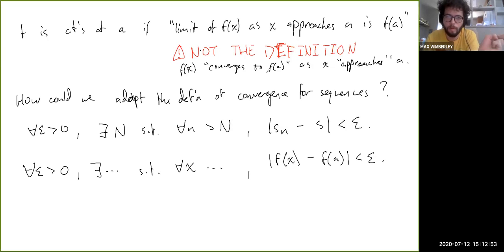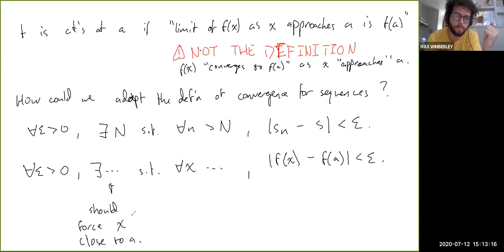In this case, instead of x approaching infinity, we want the limiting process to happen as x gets close to a. So whatever this thing is here should force x to be close to a. This number should be a tolerance on how far away x can be.